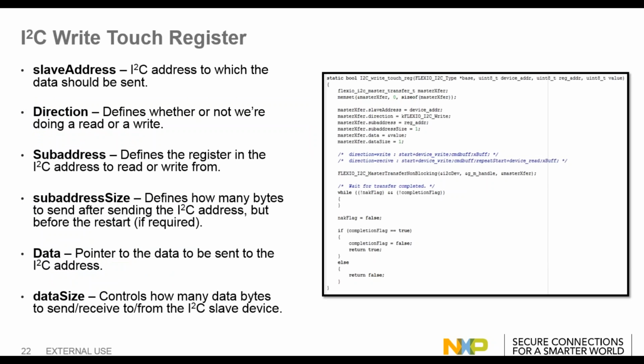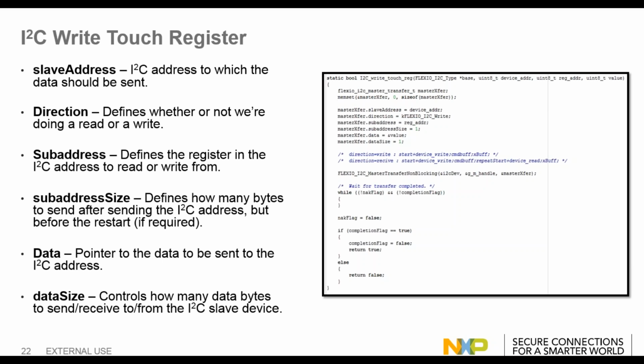So what does writing a touch register look like? Part of the SDK examples, whether it be this example that we created leveraging the SDK, or the SDK examples out of the box, they use this write API for I2C master.